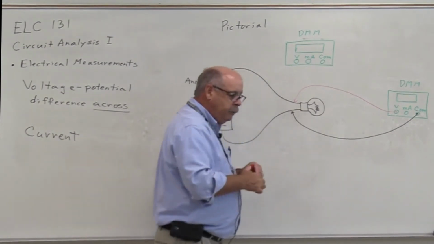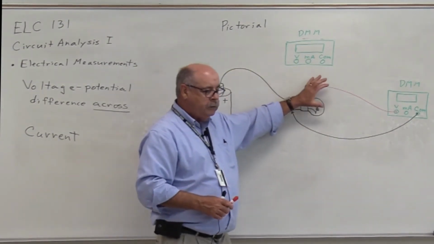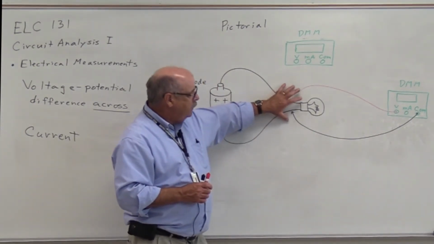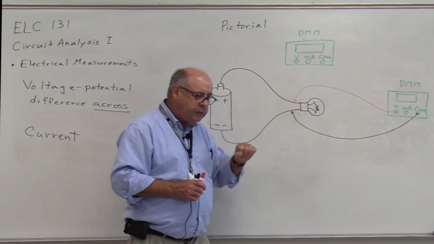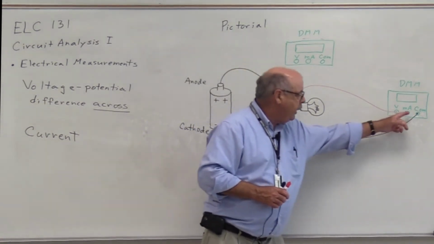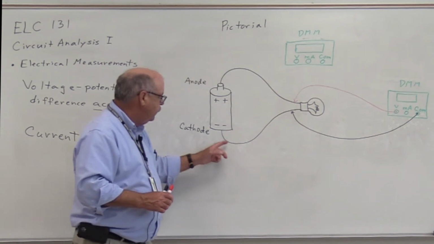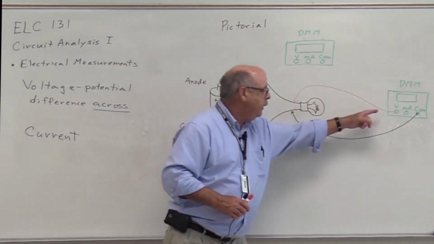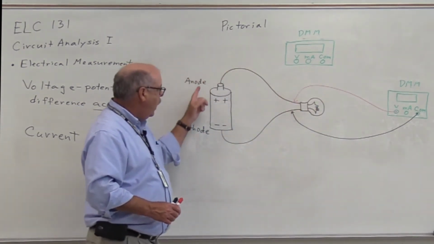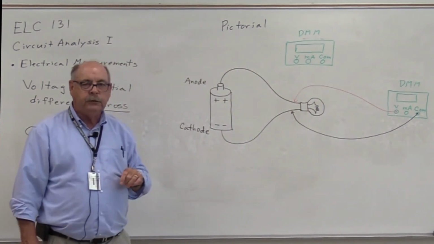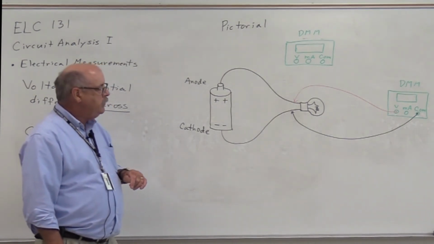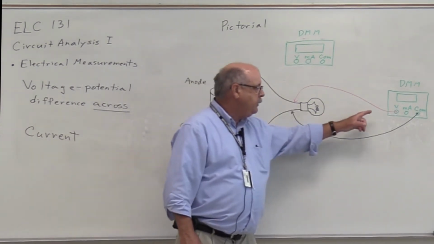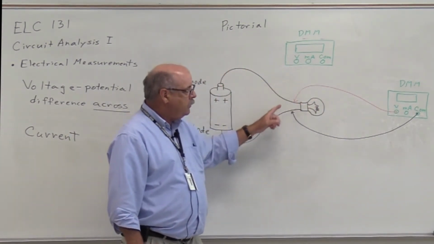Now, the electrons don't care what color of insulation is around the copper meter lead, but we want to follow this convention so that when you glance at your circuit, you can be assured that black is always connected to the negative potential of the voltage source, and the red lead is connected towards the positive potential of the voltage source. So in order to measure voltage, again, the metering device, the measuring device, has to be connected across.